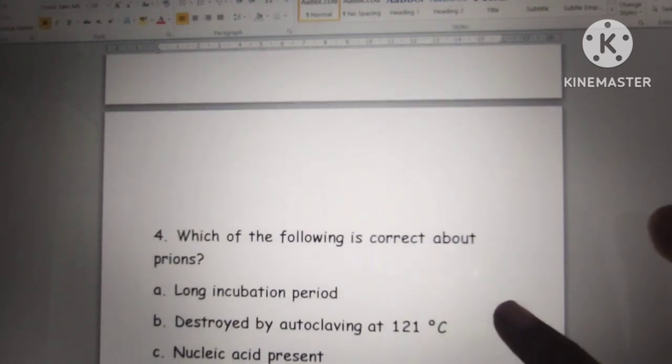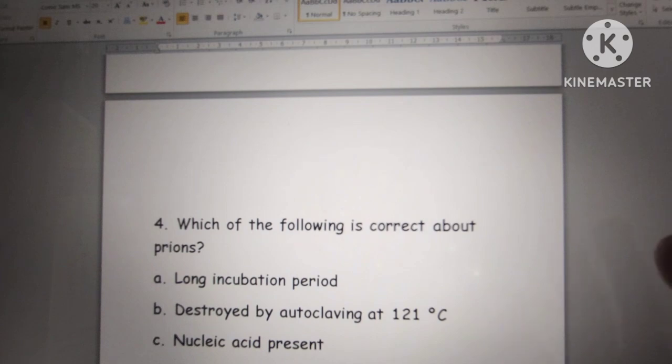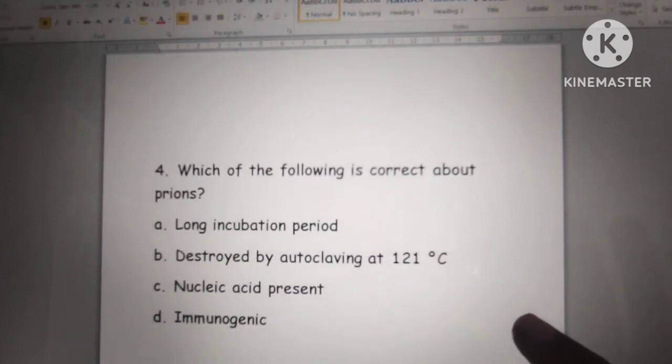Next question: which of the following is correct about prions? It has a long incubation period; destroyed by autoclaving at 121 degrees Celsius; nucleic acid present; and immunogenic. The first point, long incubation period, is true. We'll rule out the rest.